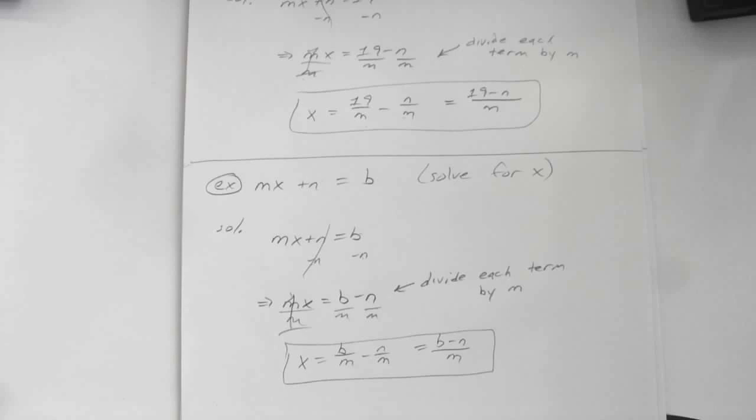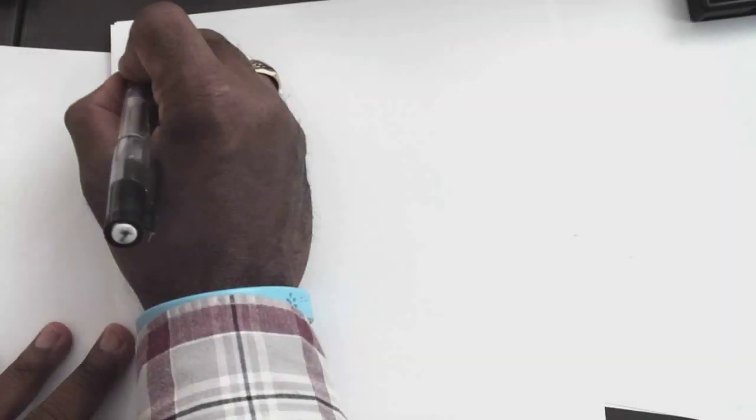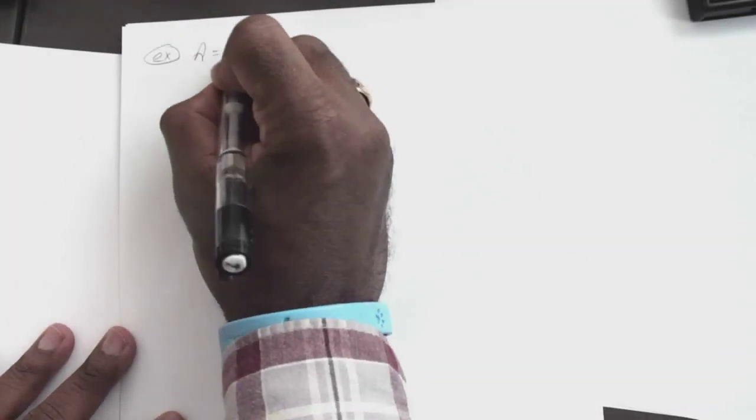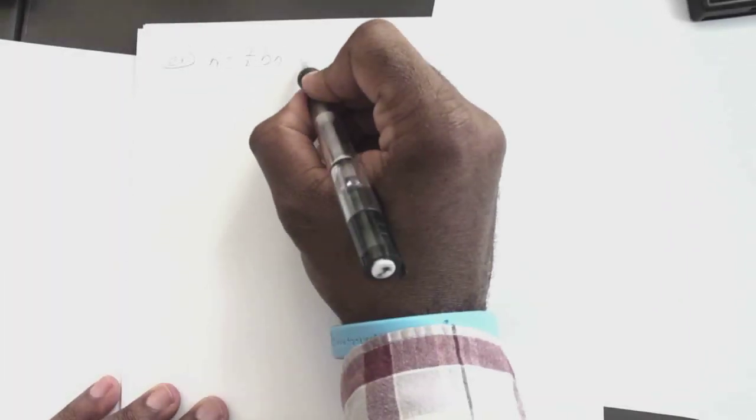All right, so what if we had area equals 1/2 the base times the height, which is the area of a triangle. And we want to solve for h.